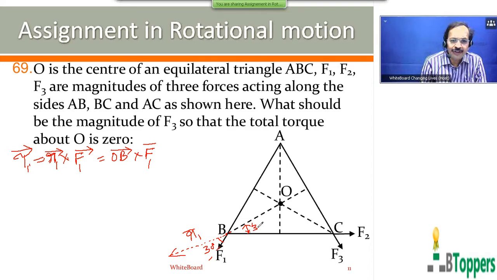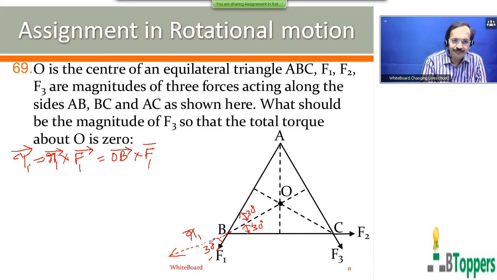This angle will be 30 degrees because each median of an equilateral triangle will bisect the angle at the corresponding vertex through which it passes. So the internal angle at each vertex of the equilateral triangle is 60 degrees, and this angle will be 30 degrees, half of 60 degrees. Therefore, the angle between R1 bar and F1 bar can be taken as 30 degrees.